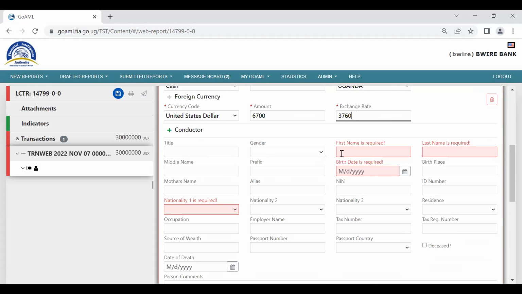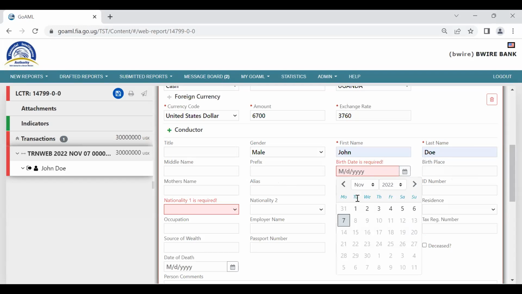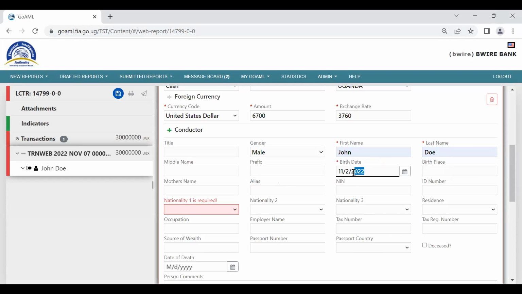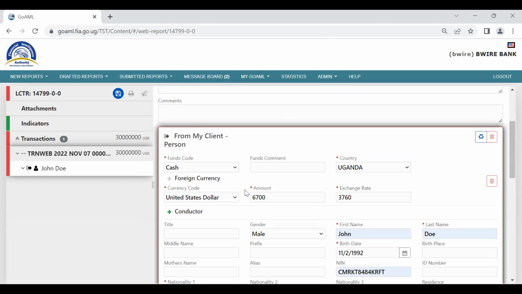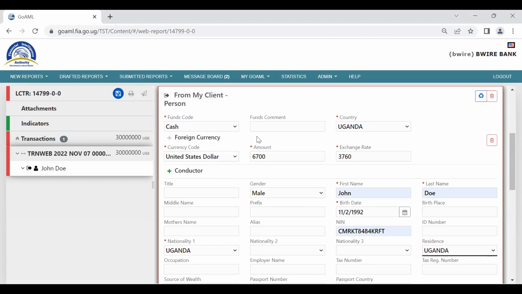Just capture the details of the person. So basically, this is a key detail, the funds code. It's a cash transaction because the person is exchanging money.